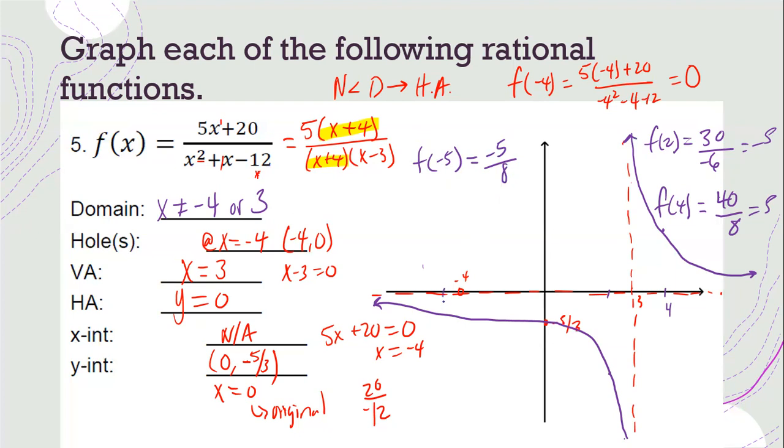Negative 5 is still below. This tests Daniel's theory of whether it crosses at the 4 or not. It really doesn't matter if there's a hole at negative 4, 0, because there's a vertical asymptote there anyway. So it wouldn't even work. It's just saying that if there was an x-intercept, this is where it would be. But for double reasons, it doesn't exist.